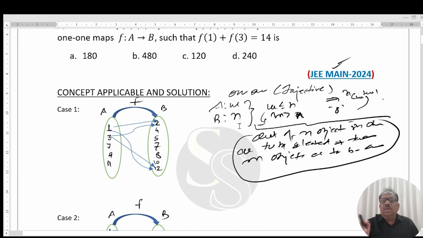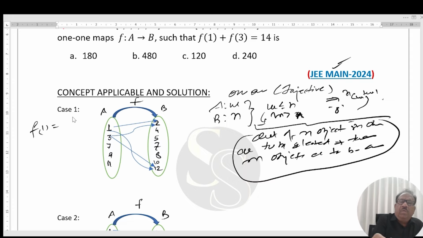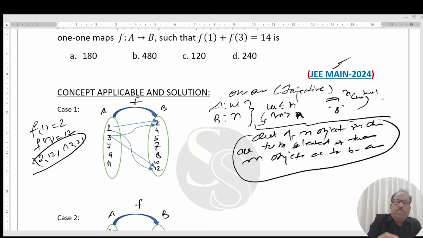Now, the condition is f(1) plus f(3) equals 14. f(1) we can take 2, f(3) we can take 12. 2, 12 and 12, 2. Two possible pairs are there. In this case, this condition is satisfied.